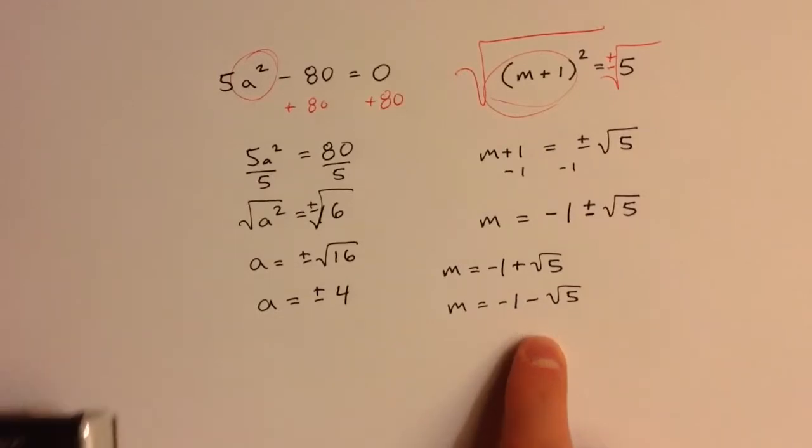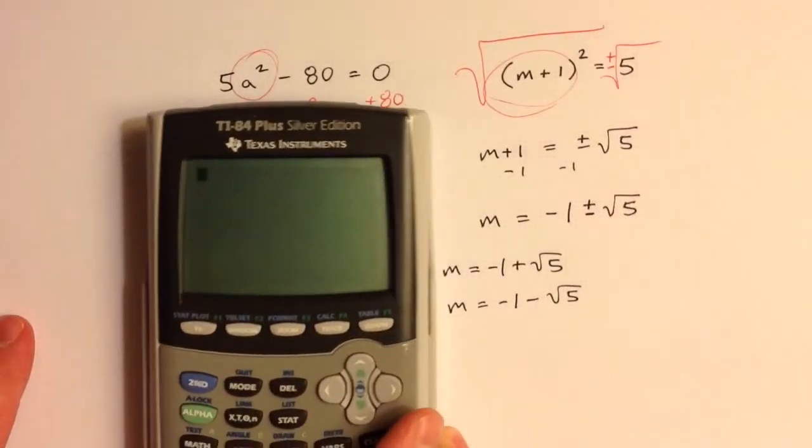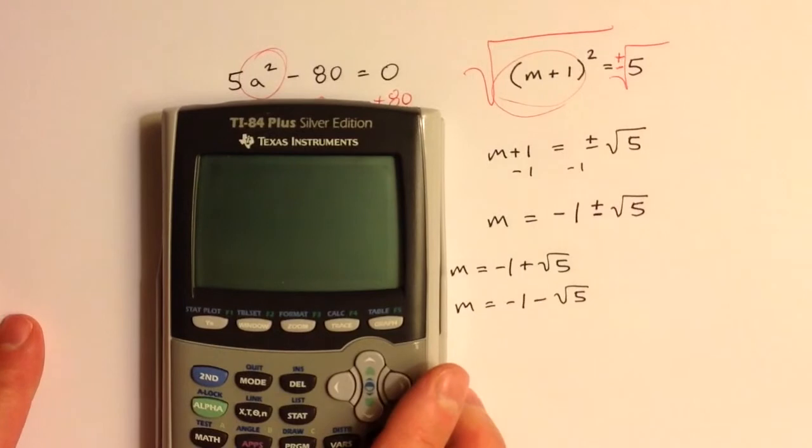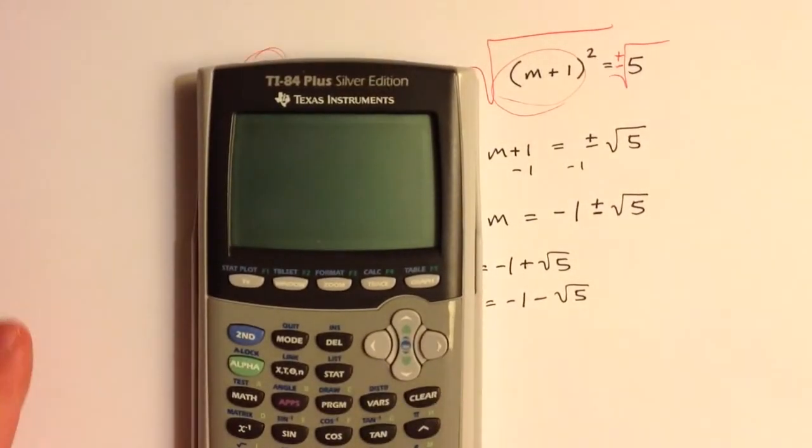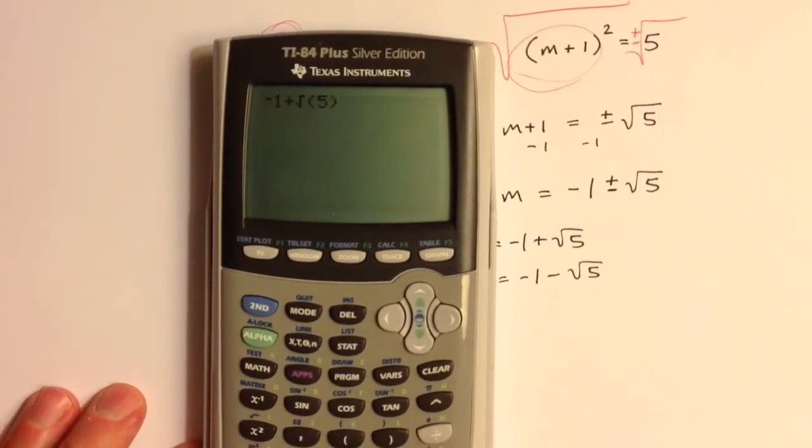These two expressions represent numbers, and we can find their values on the calculator. If I add negative 1 plus the square root of 5, the square root of 5 is a little bit bigger than 2 because 5 is a little bigger than 4.